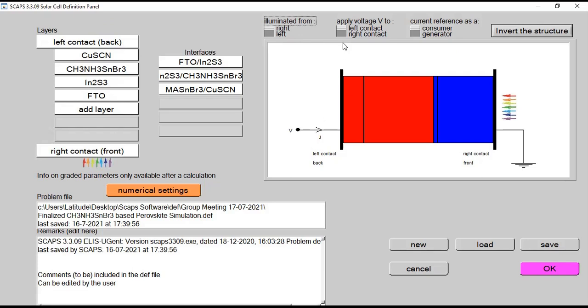And second query is about the voltage, reference voltage, and then the current. I strongly recommend that whenever you are going to simulate any perovskite structure, you should apply your voltage from left to right contact. Each simulation structure that is being simulated in SCAPS must have one end with voltage and the second should be grounded.